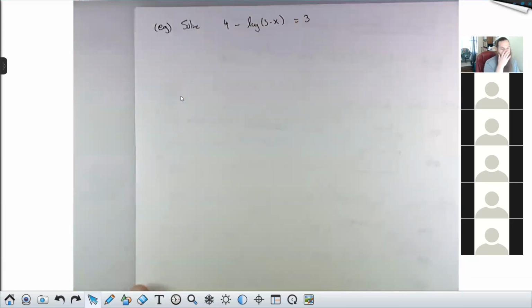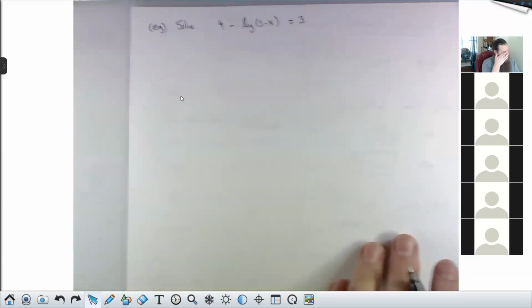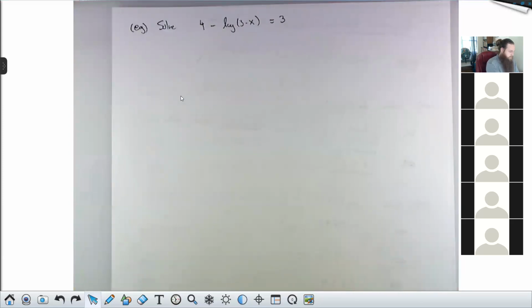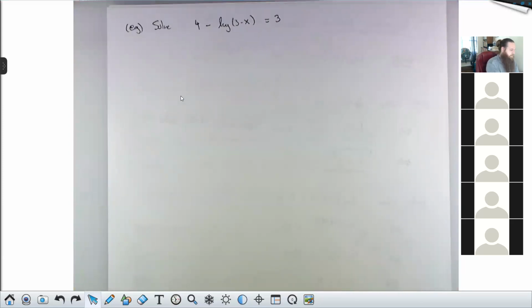There's also another way these can go wrong. It's possible that you end up with domain issues. The solution you get, the number x, maybe when you try to plug it back into the original equation, makes this logarithm or one of the logarithms undefined. That's possible.